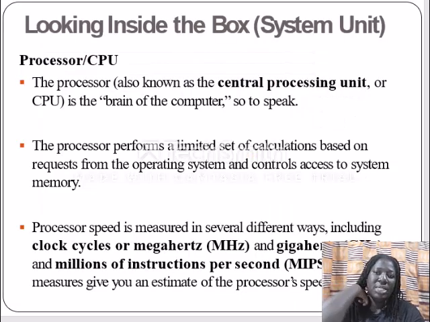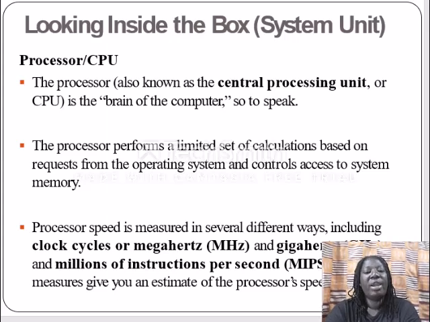Now when you look inside the system unit, we have the processor, which is also known as the central processing unit, and is the brain of every computer. The processor performs a limited set of calculations based on the request from the operating system and controls access to the memory.